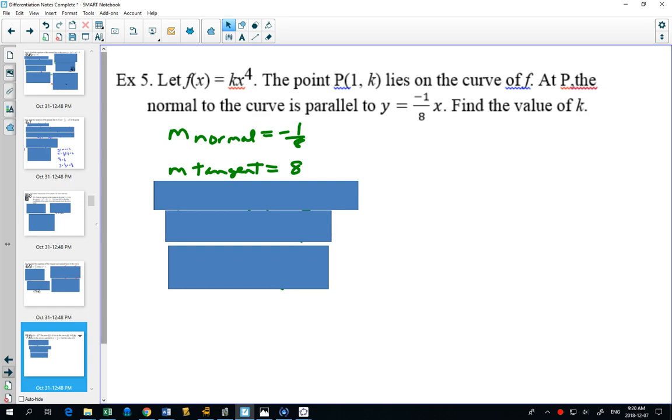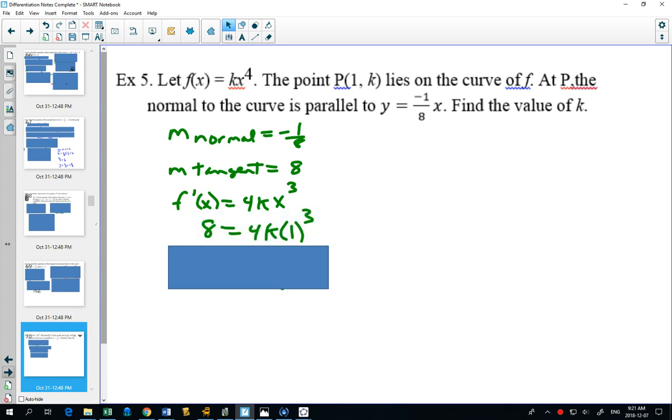The slope of the tangent is going to be related to the derivative at the point P. So we can find our derivative by bringing the exponent out in front and subtracting 1 from the exponent. And we know that when we plug in x equals 1, the slope is supposed to be 8. Only that 1 is cubed. You can now solve for k.